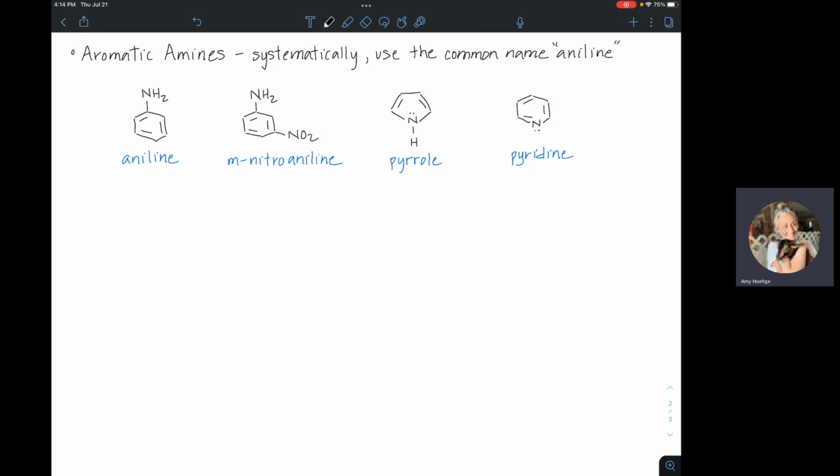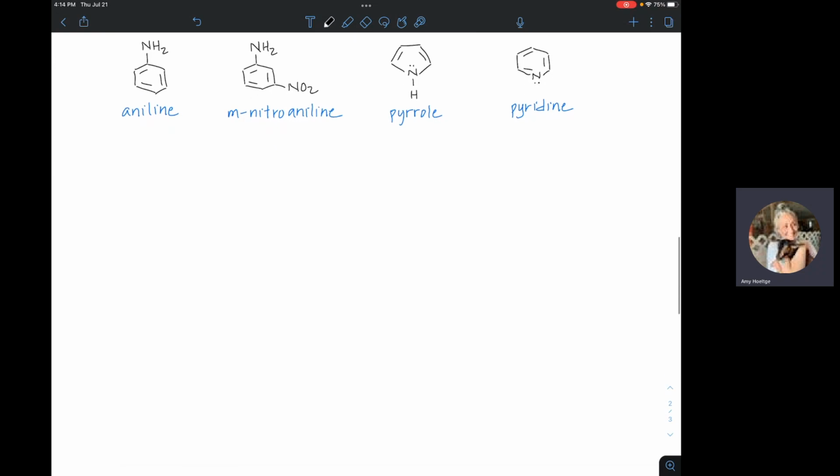Another couple of sort of celebrity heterocyclic aromatic amines that you might be familiar with. If you've done any work in biology with DNA, you've seen this before. So this is part of a couple of base pairs. Again, we have lone pairs of electrons.